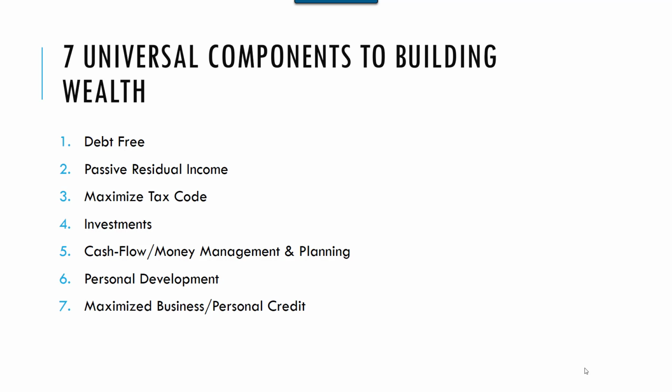As it relates to maximizing your business credit and your personal credit, we've all heard the saying, OPM, other people's money. You always want to make sure that you are able to access other people's money for investments, or to create passive residual income, or to help you fund investments. So the seventh component is maximizing business credit.